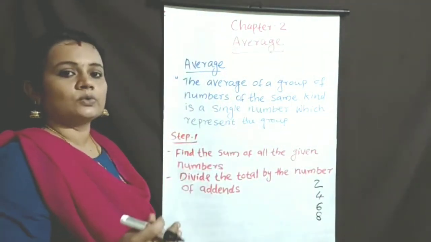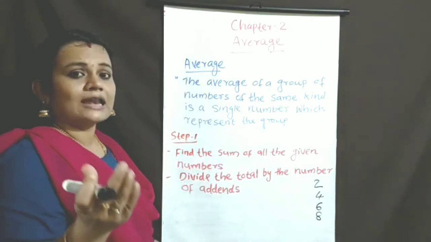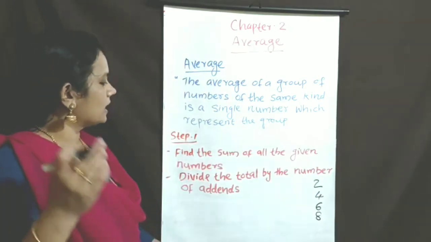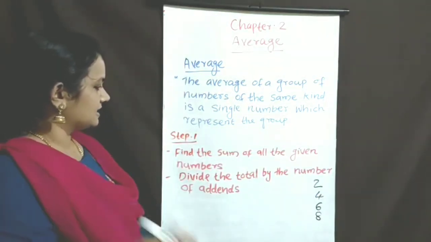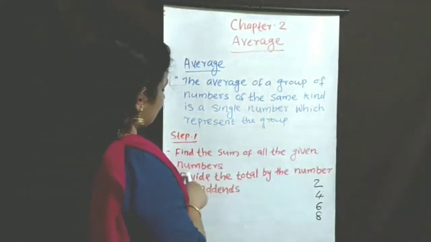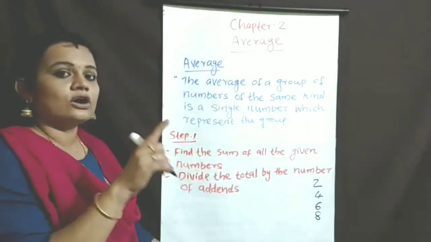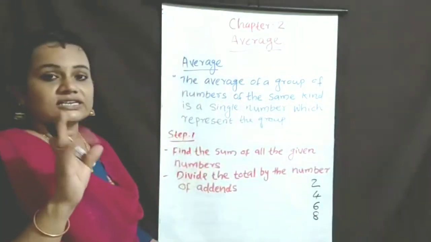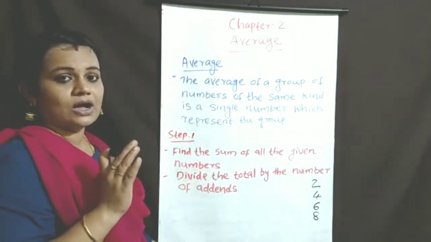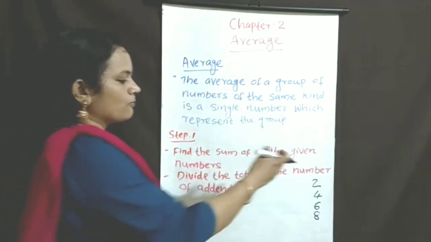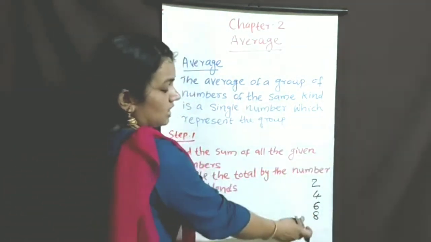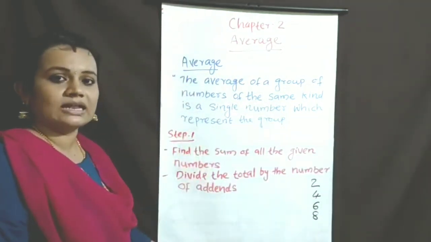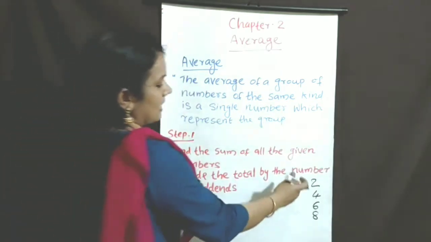Then we want to calculate the average. How to find out the average? Find the sum of all the given numbers. First of all, we have to find the sum of these numbers. That is the first step. First we calculate the sum of the given numbers.